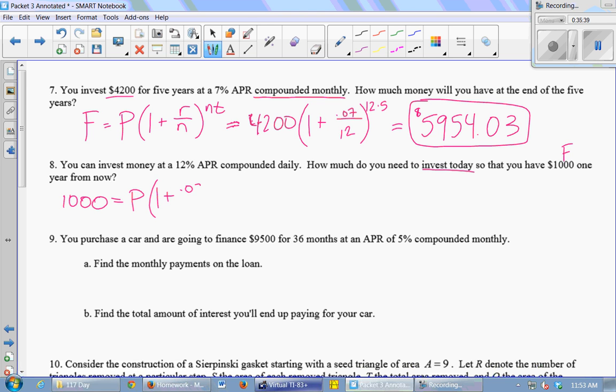1 plus 0.07 divided by 12. Oh, sorry, it's 12% this time. And it's compounded daily, 0.12. So what's n going to be? 365. The n times t, so that's 365 times 1 year.